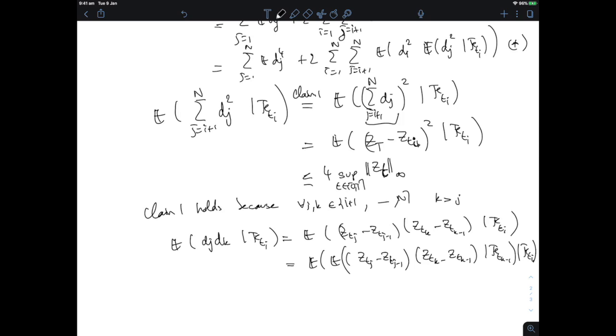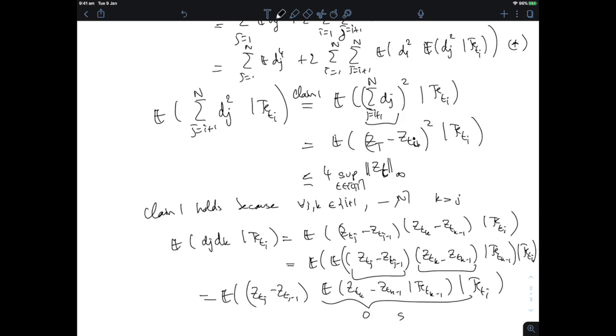And now, because k is greater than j, Z(t_k) minus Z(t_{k-1}) may not be F_{t_{k-1}} measurable, but the first factor certainly is. So what you're getting is the expectation of Z(t_j) minus Z(t_{j-1}) times the conditional expectation of Z(t_k) minus Z(t_{k-1}) given F_{t_{k-1}}, and then all of that conditioned on F_{t_i}. And this is 0 because Z_t is a martingale.